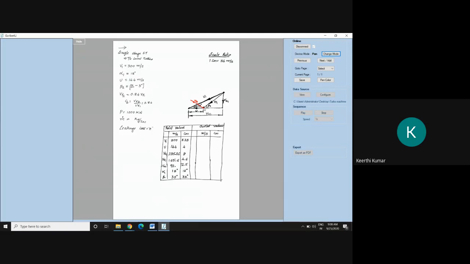I will tell you what is the change in this problem compared to the previous problem.